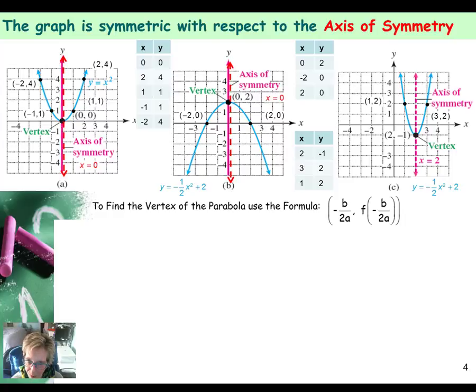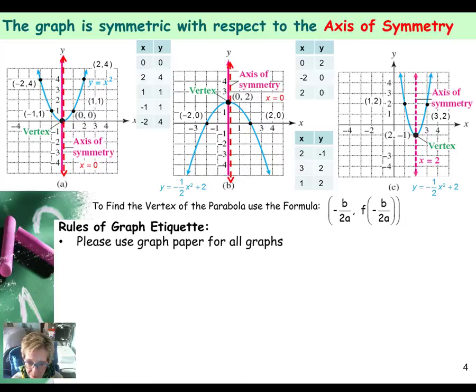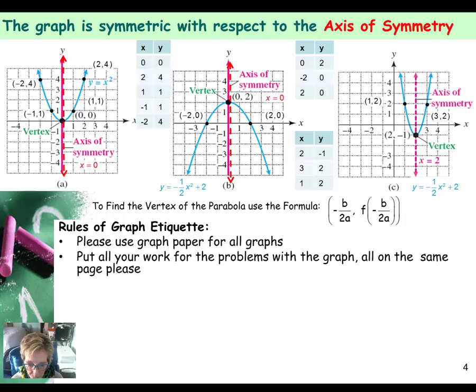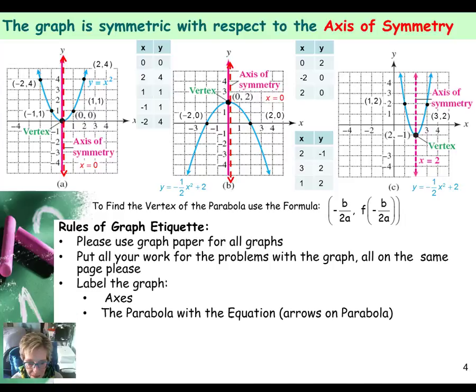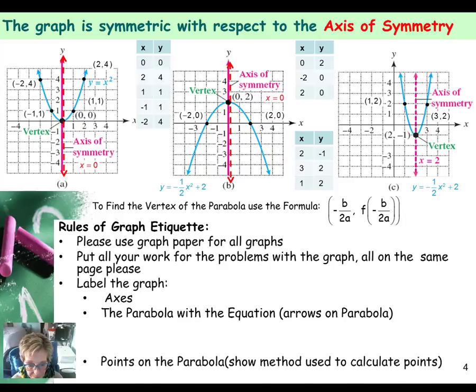Please don't make me take off points or not count your graph because of poor graph etiquette. You know my rules. Please use graph paper for all your graphs. Put all your work for the problems with the graph all on the same page, please. Label the graph with your equation. Label the axes. Label the parabola with the equation with arrows on the parabola.